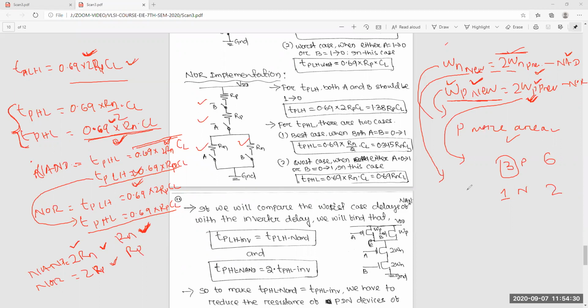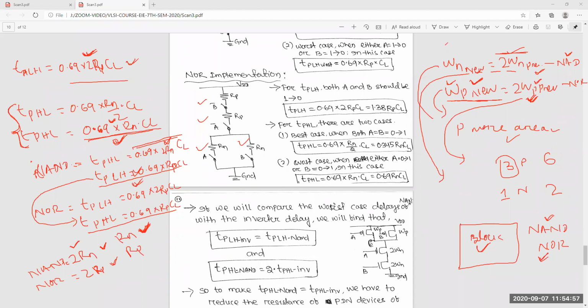Then in the overall circuit, suppose a big circuit is there, you have an option: you have to implement it either in NAND or NOR. Which one will be preferred now, you can say?